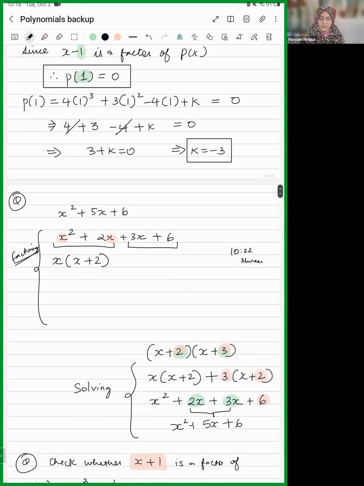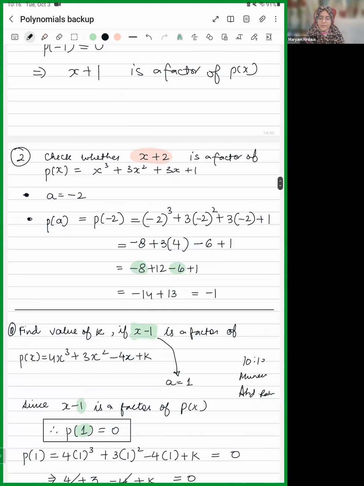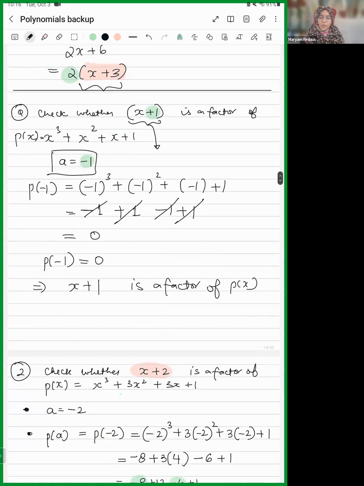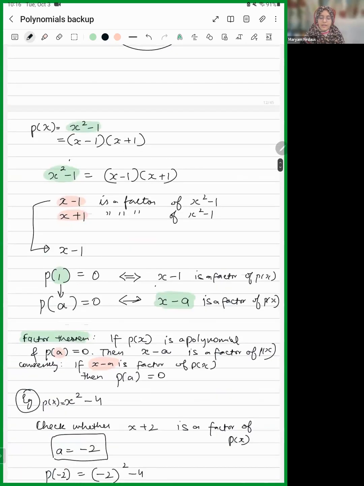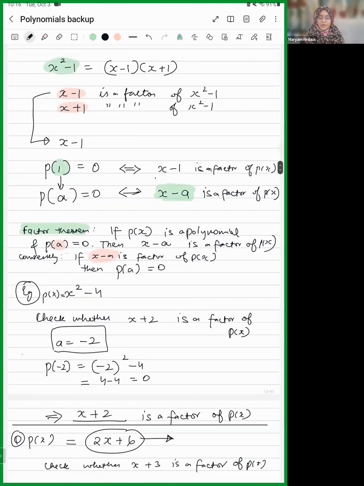See, we have done so many questions on this. Check whether this is a factor of this. So what did we used to do? We used to first say, what is the value of A over here? That value we are going to put in our polynomial and see whether P of A is coming out to be 0 or not.